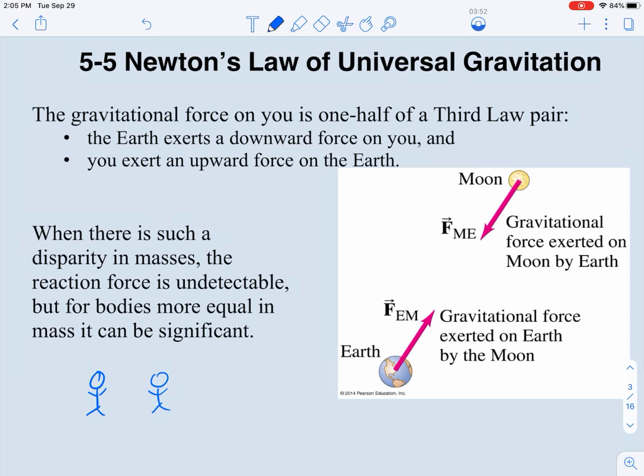This gravitational force is an attractive force because student A is going to apply a force onto student B towards them, and then student B is going to apply a force onto student A so that it pulls towards student A. So what we have is that both of these forces are pulling these objects together, right? This is an attractive force.